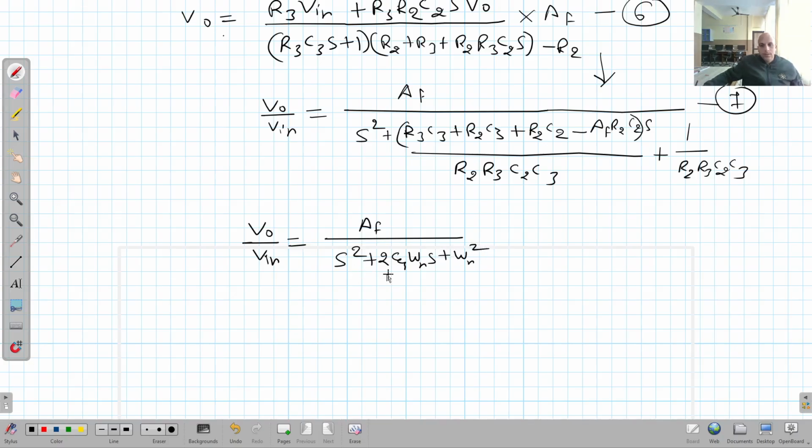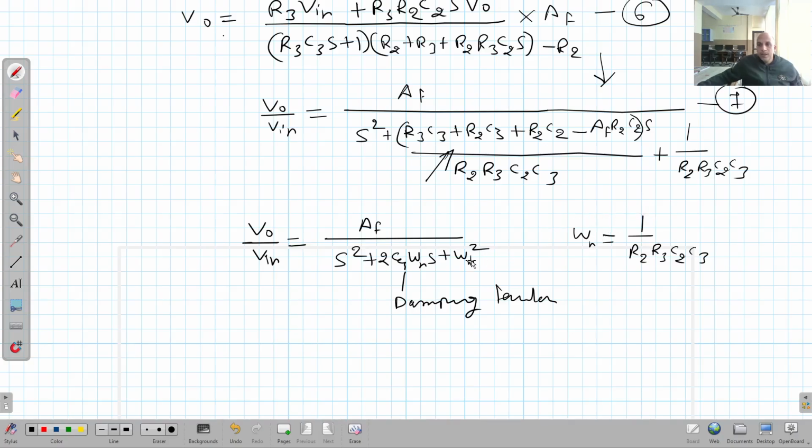Here zeta is called damping factor, clear, that is equal to this factor, clear, and omega n is called natural frequency of this filter, and it is 1 upon R2 R3 C2 C3, clear, right?